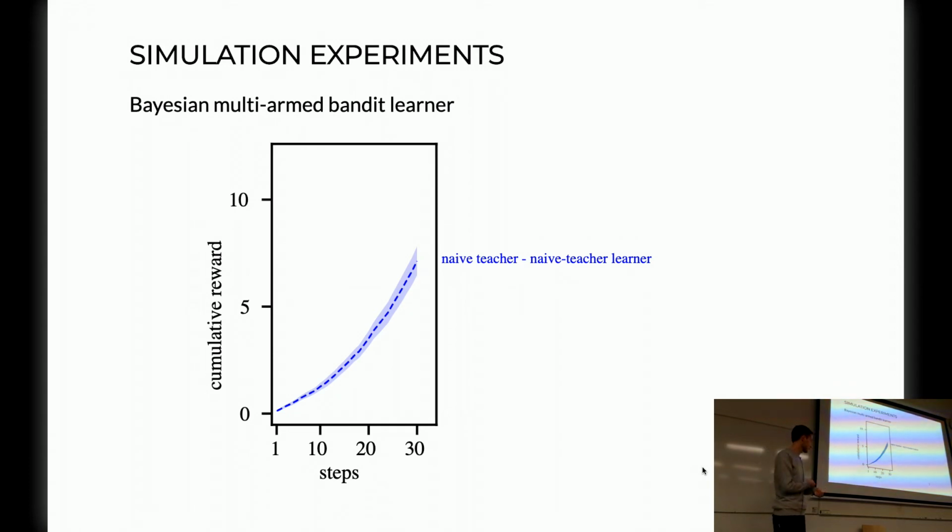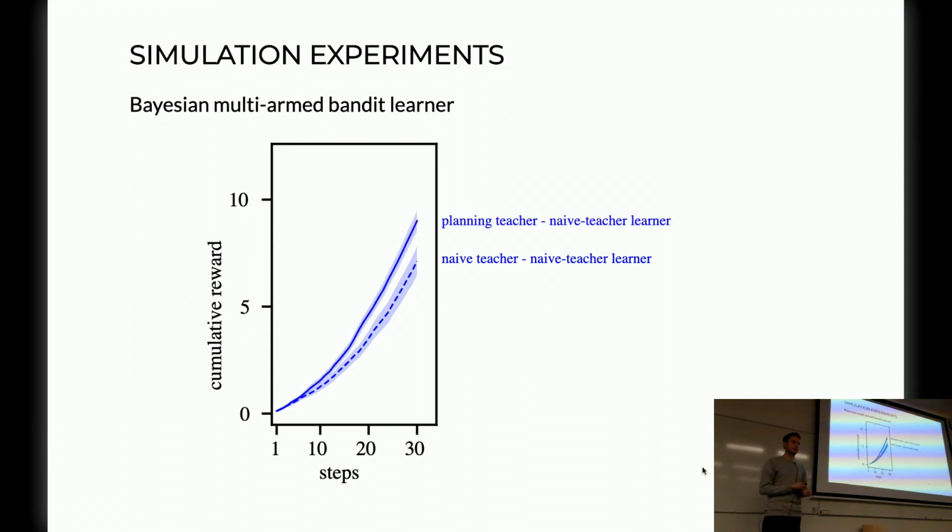This is the baseline model where you just get reward from the environmental reward model, and you have a learner that doesn't model the teacher, and you get this kind of curve. Now, if you have a teacher which is planning using the model that I described, but not a teacher-aware learner, then you get some improvement. So the teacher is able to steer the learner to accumulate more reward.